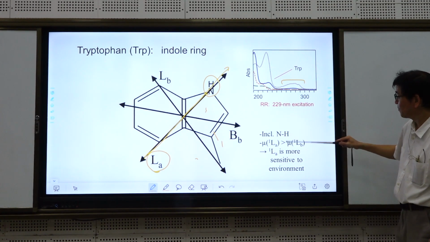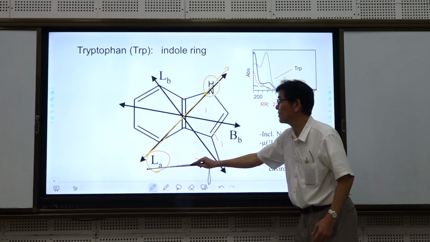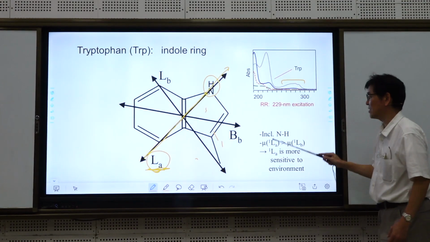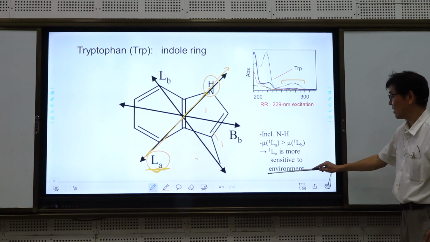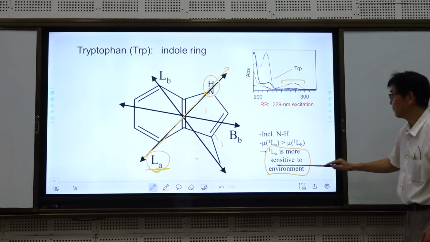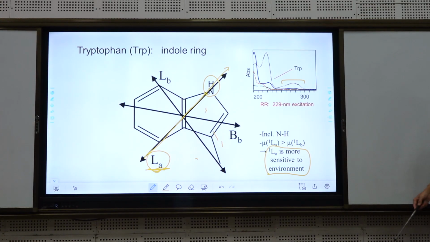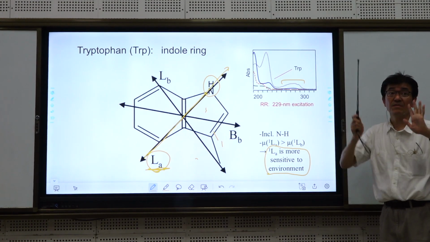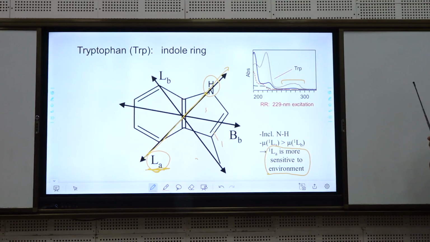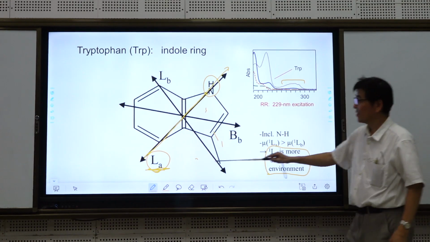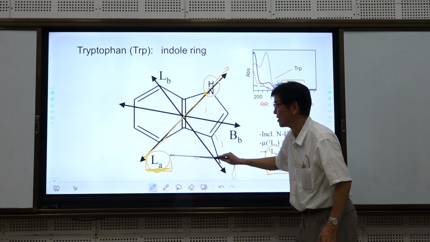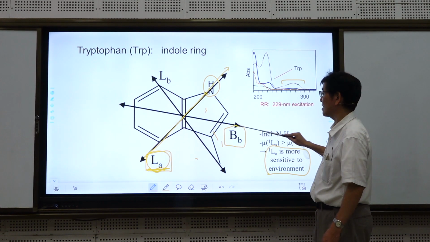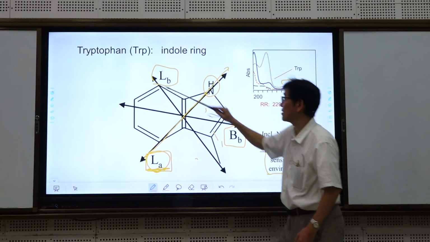So the Raman band that resonates to LA mode is sensitive to the environment. Okay, this is the principle why some peaks are sensitive to the environment or structural change. So sensitivity to the environmental structure is related to character of the excited state transition moment.